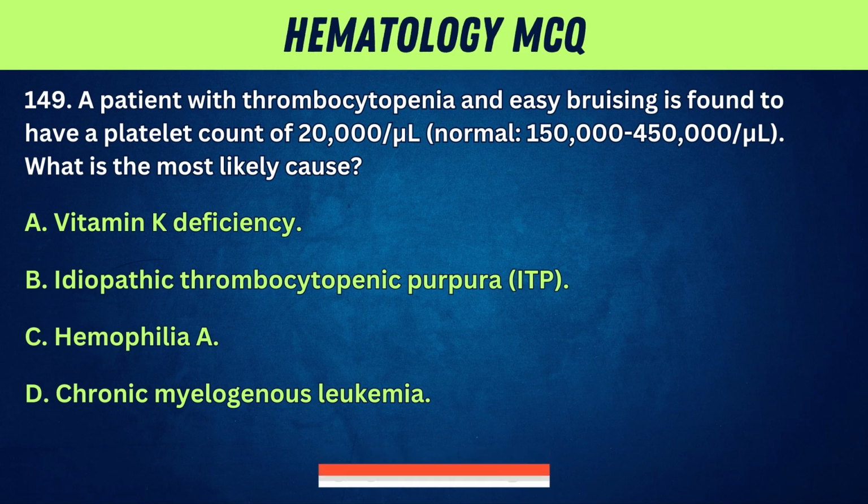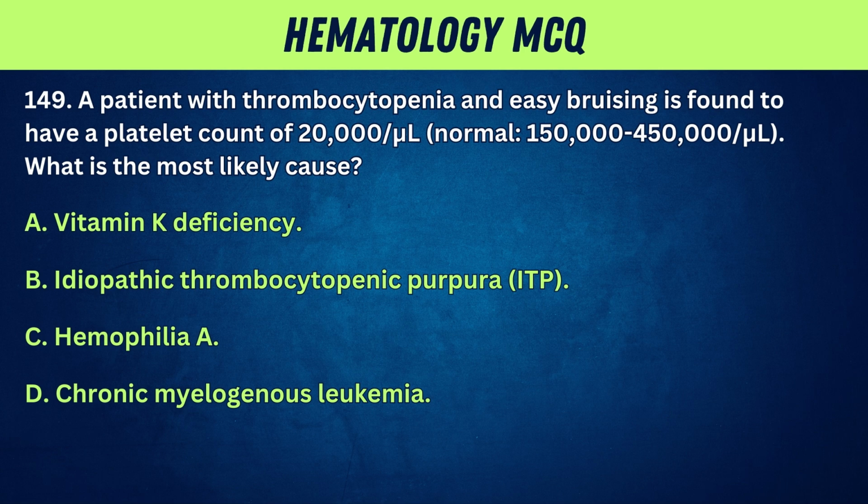149. A patient with thrombocytopenia and easy bruising is found to have a platelet count of 20,000/L, normal 150,000-450,000/L. What is the most likely cause? A. Vitamin K deficiency. B. Idiopathic thrombocytopenic purpura, ITP.